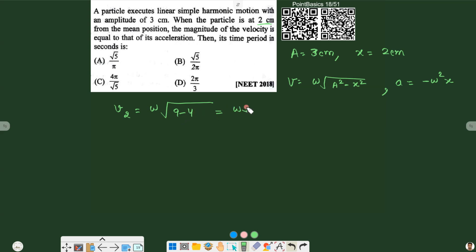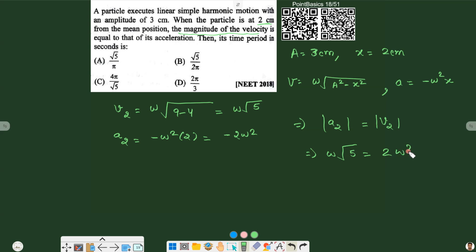So it will be omega root 5, and acceleration at 2 will be minus omega square into 2, or minus 2 omega square. As per the question the magnitudes are equal, so we ignore sign: omega root 5 is equal to 2 omega square.